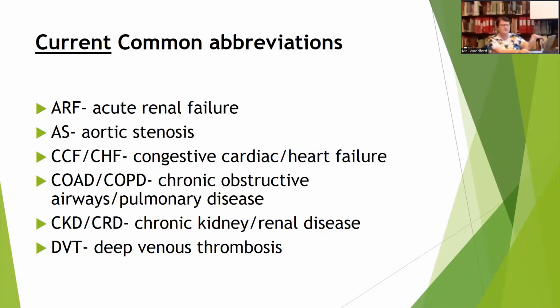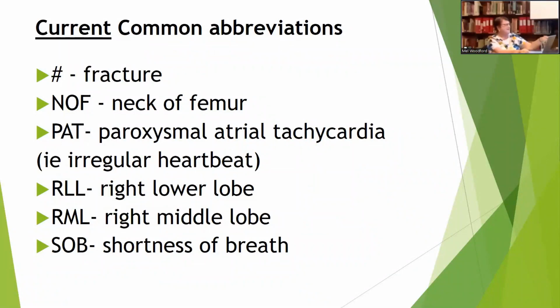Again, there are loads of abbreviations, and I know we should always avoid them and write everything out in full, but I'm sure you have found that you get abbreviations. The hash symbol means fracture, and NOF is neck of femur. I don't know, are these common to you? And SOB isn't silly old bastard.